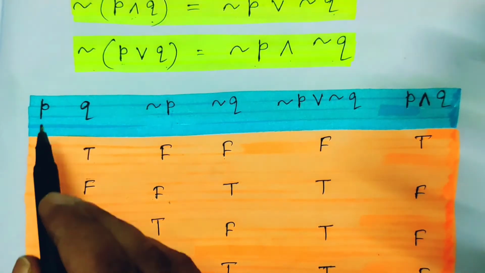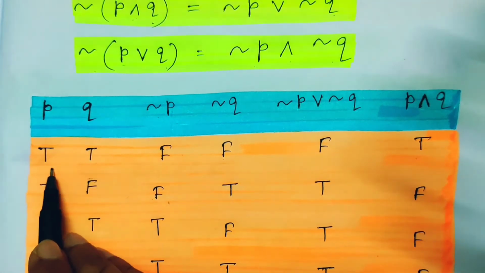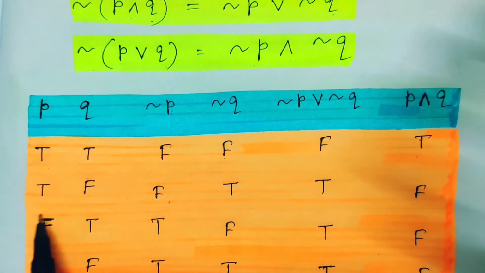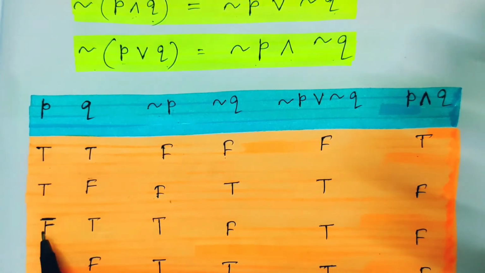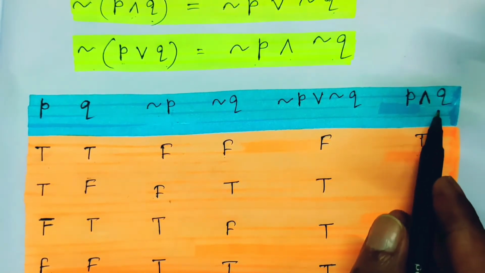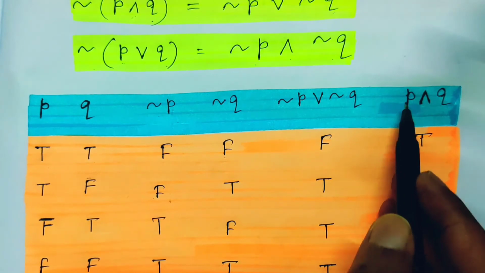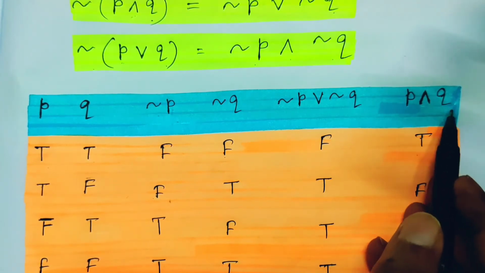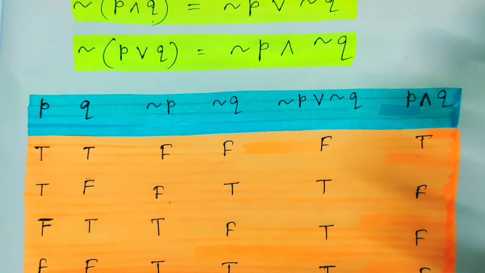And we know that the conjunction between P and Q is true when both are true, otherwise it is false if either of them is false, that means any one is true and one is false, or both are false. So this one is the P conjunction Q. Now if we take the negation of this one, that means not of P conjunction Q within brackets, then we should get the outcome just the opposite of this one.